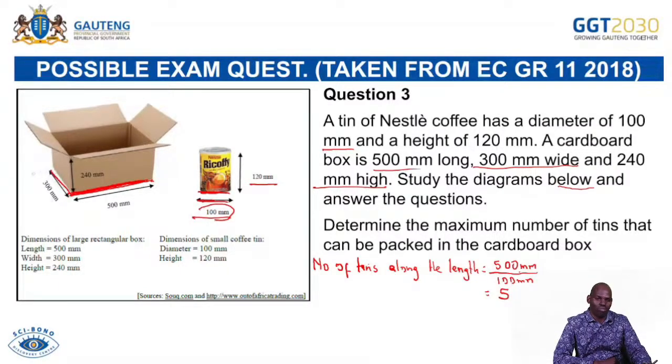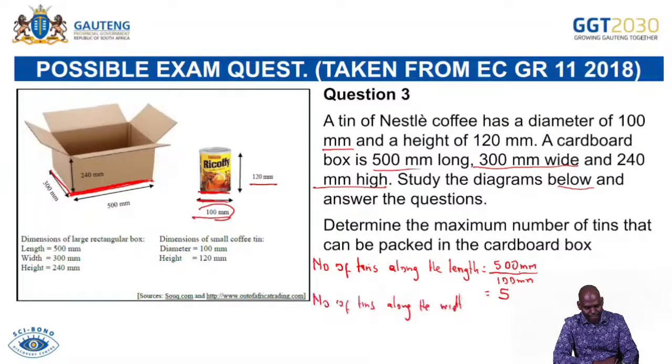Okay, I'm sure all of you can see the answer already, but you must write it down. The number of tins along the width, it's 300 millimeters.